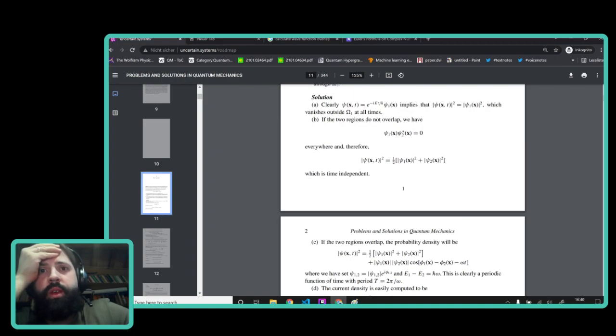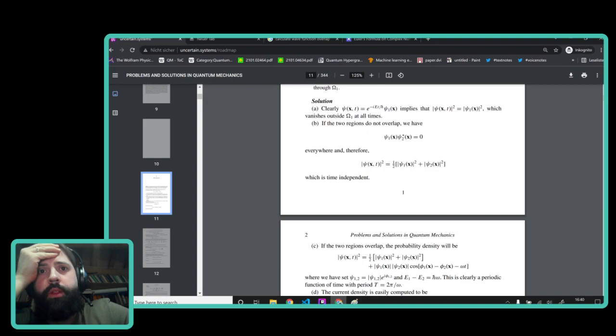So that's the psi of the intersection. And what is this theta thing here? WT? What the? Maybe it has to do with the free particle thing?